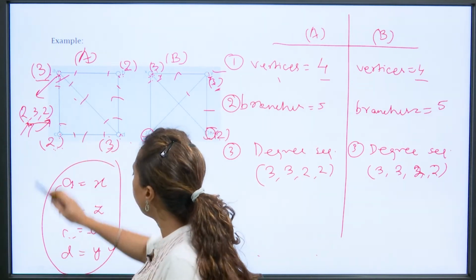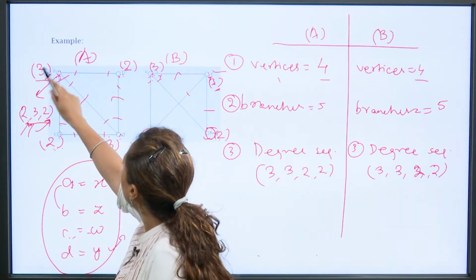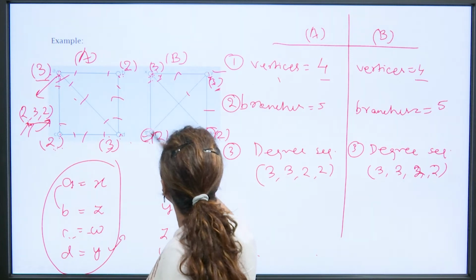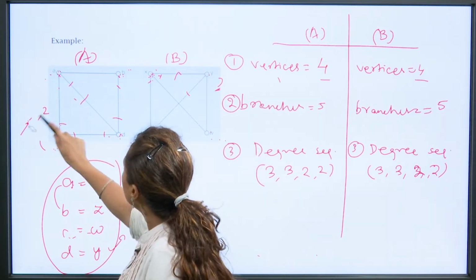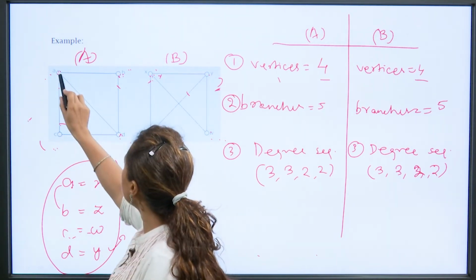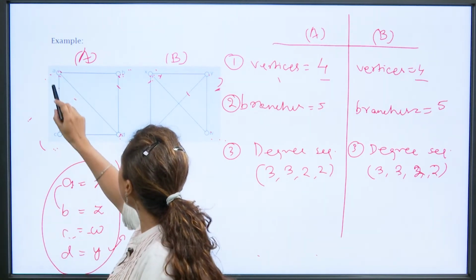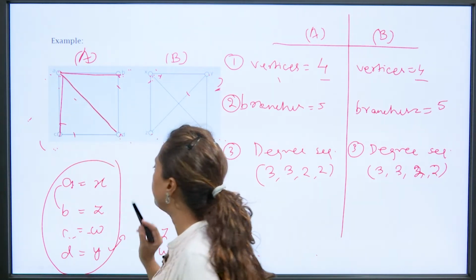So, A and B, if we see here, this A is connected with B, C and D, right.